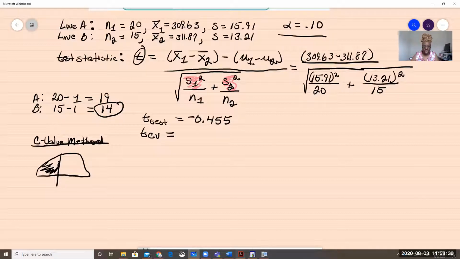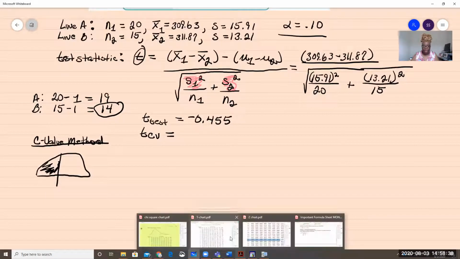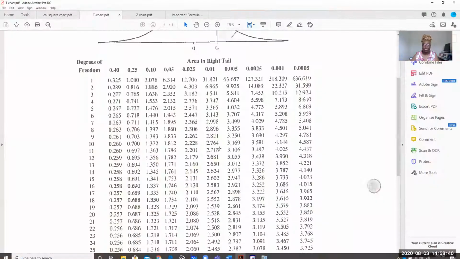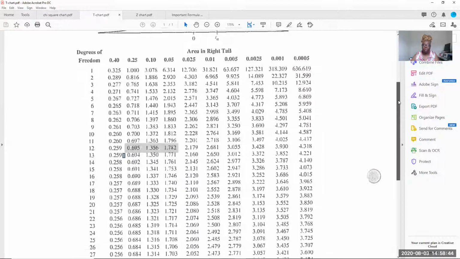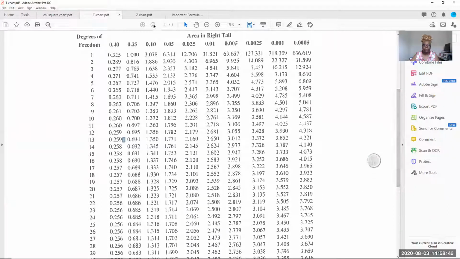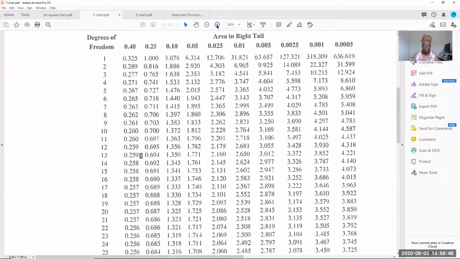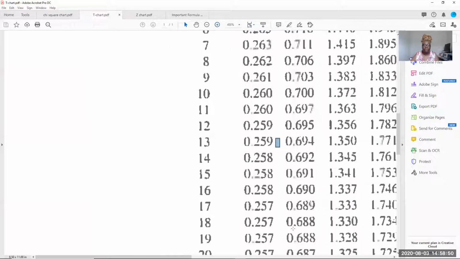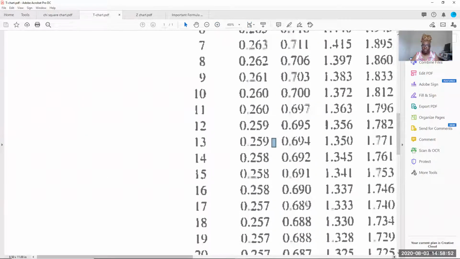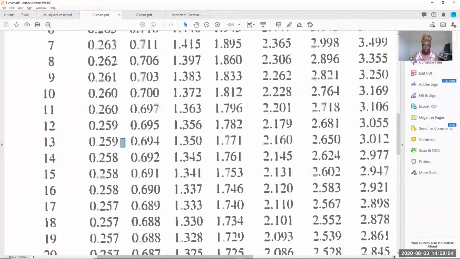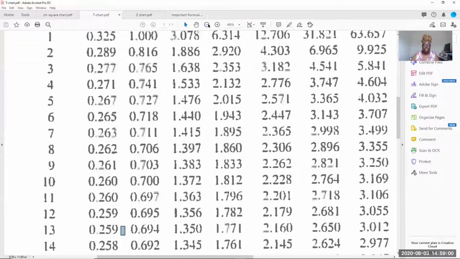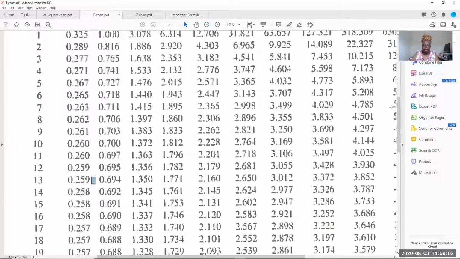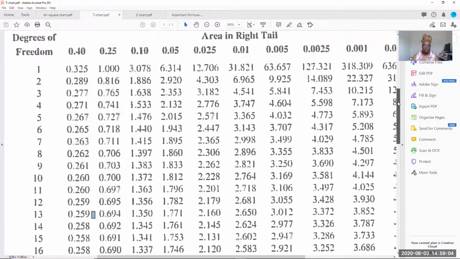So now let's look back at our t-chart to check it out. So we got our degrees of freedom, which is 14. I can move this up a little and then blow it out. All right, so you should have your chart. So the degrees of freedom is 14, right?